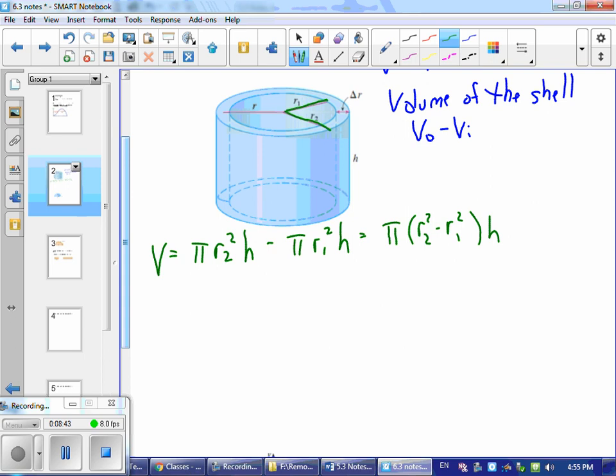What you should see there is that I have a difference of squares inside of there, and a difference of squares factors. So what we're going to get is that the volume is pi, r2 minus r1, r2 plus r1, h.